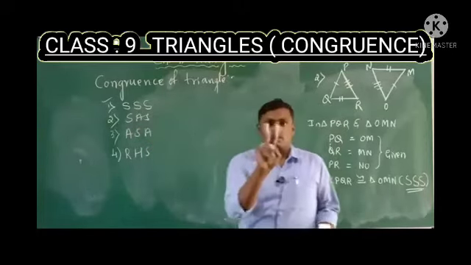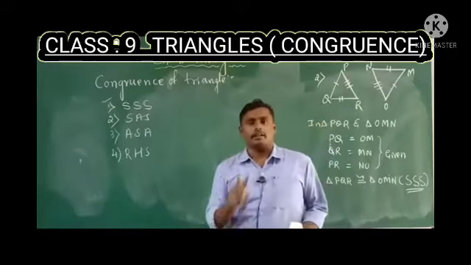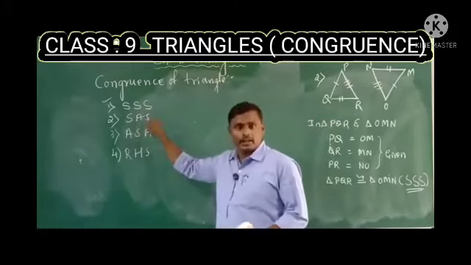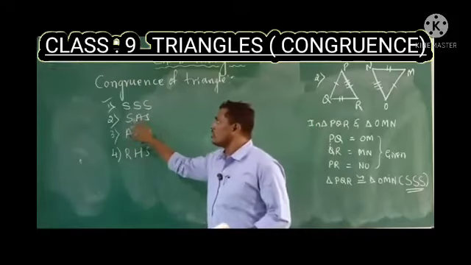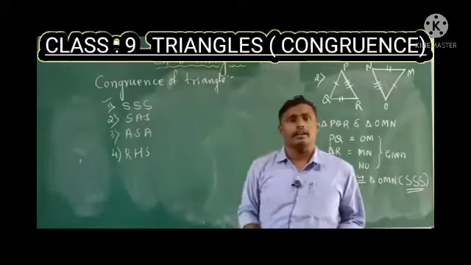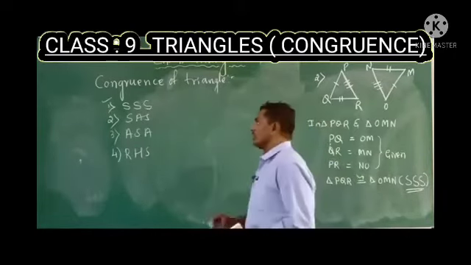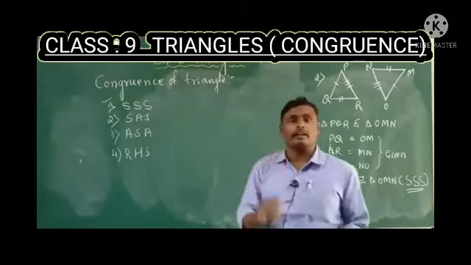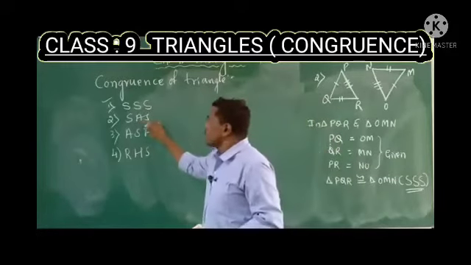SAS: the two sides and included angle of one triangle are equal to the corresponding two sides and included angle of another triangle, then the two triangles are congruent. Here included means the given angle is formed by the same two line segments or same two sides.